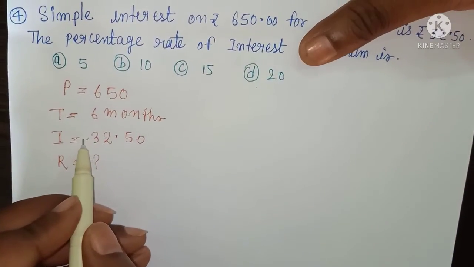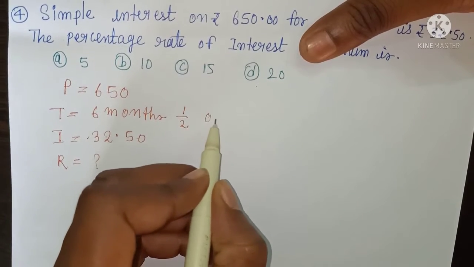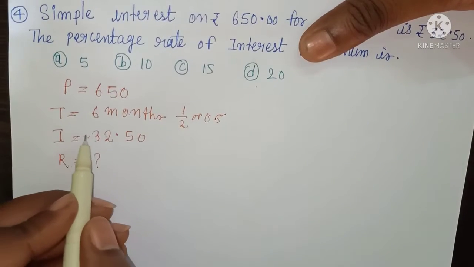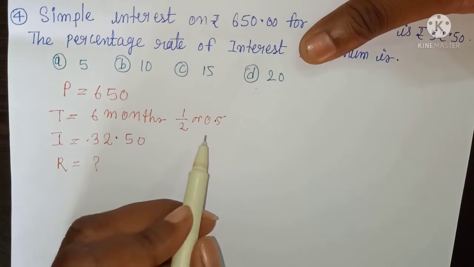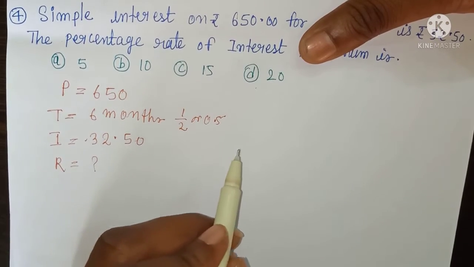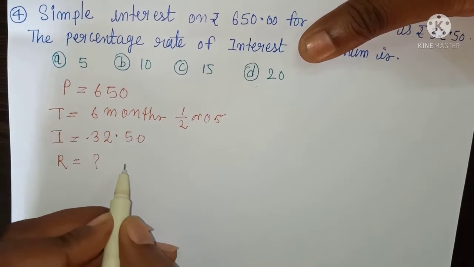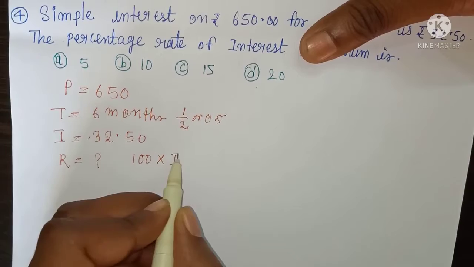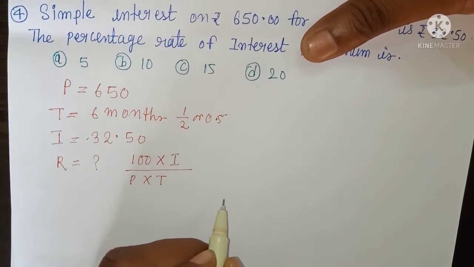Here 6 months means half a year. I can write 1 by 2, otherwise 0.5. It means in place of 6 months, I can write 1 by 2 or 0.5 years. Now, the rate formula we know very well. Rate is equal to 100 into interest divided by principal into time.